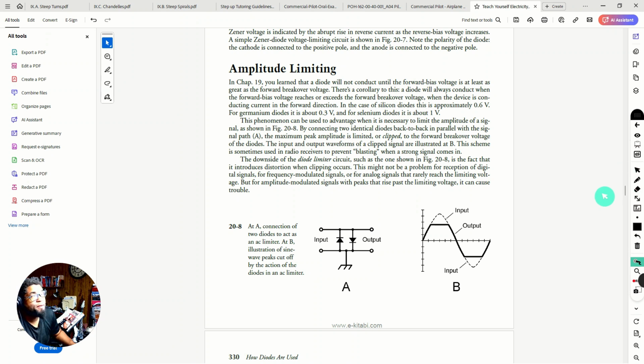A little fun fact: clipping diodes are often used in guitar distortion pedals. I always relate things back to audio a lot of times because that was my thing.